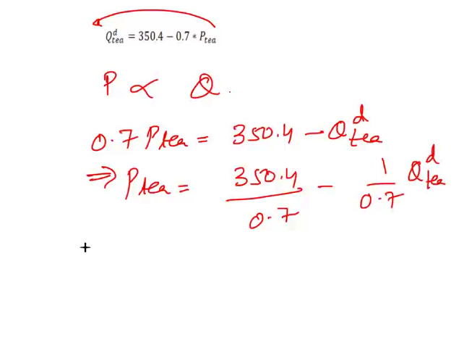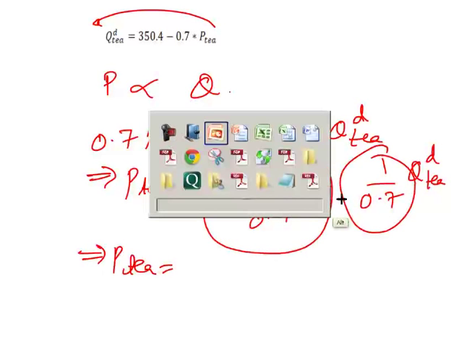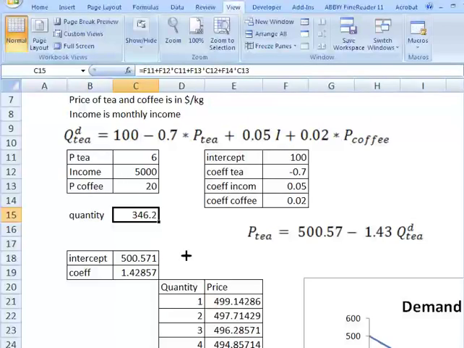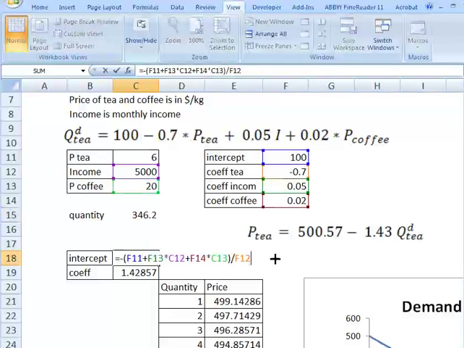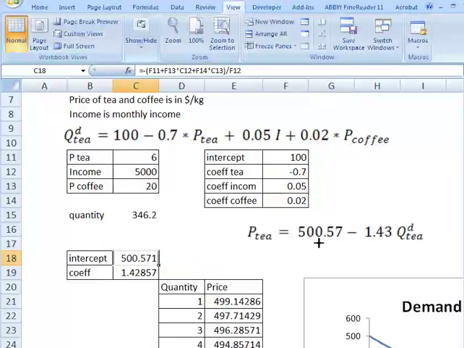So if I simplify this, I will get this simplification and this simplification. What I have done is I have done it in Excel. So whatever value we have, divided by 0.7, gives me this.